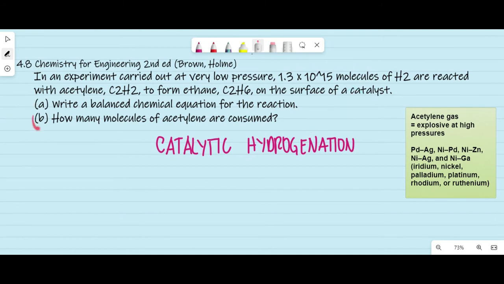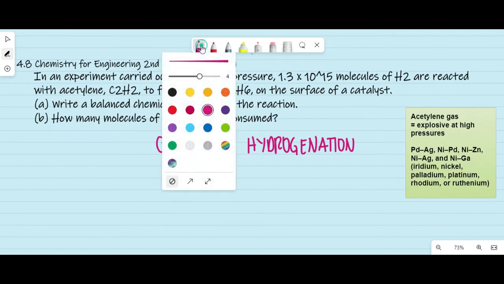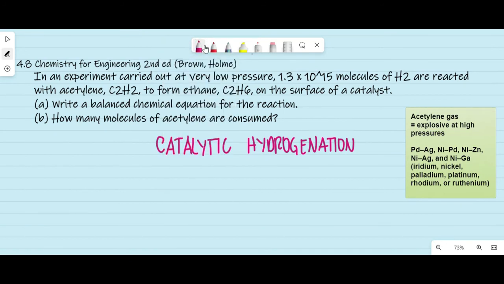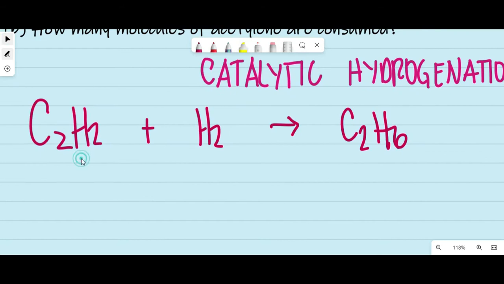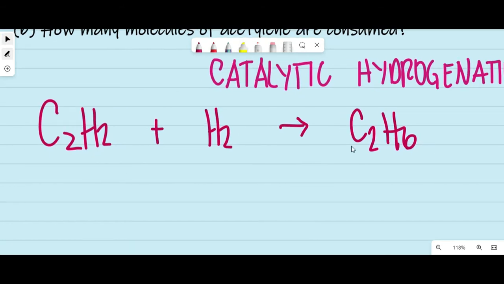Proceeding to letter A, we need to write the balanced chemical equation. Almost everything except the answer is given, so we can say that this problem is half solved. Counting the number of elements per side, we have 2 carbon on the left, 2 on the right. We have 4 hydrogen on the left, but 6 on the right.